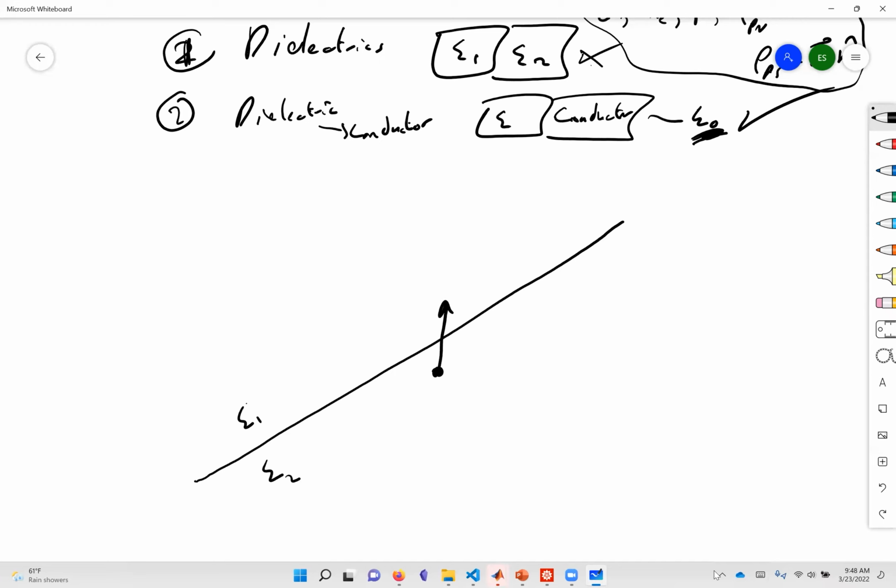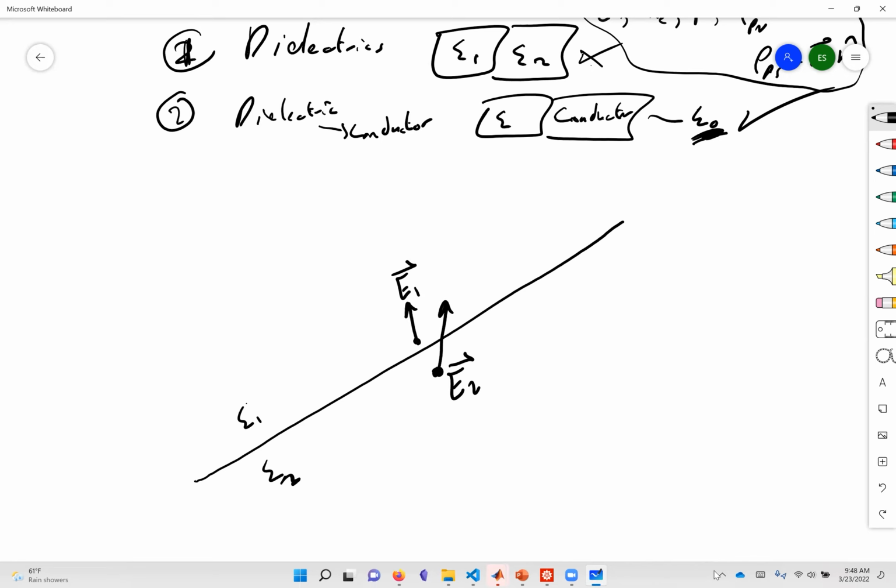So just before the interface, here I have E2. And just after the interface, I have E1. And we can assume that the field is discontinuous. The question is, how does the field vary across the interface when we move from material 2 to material 1?